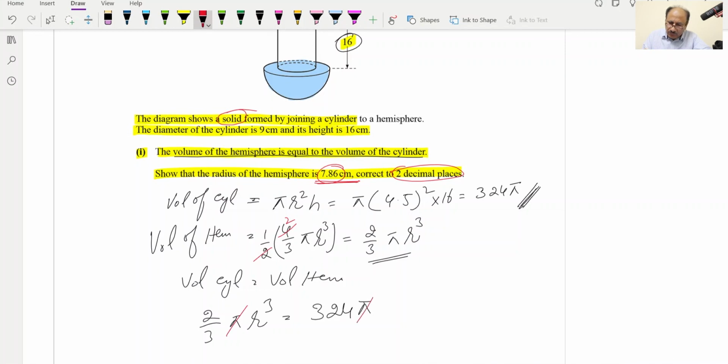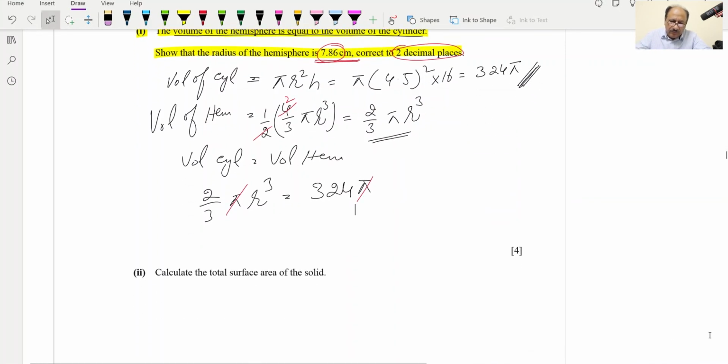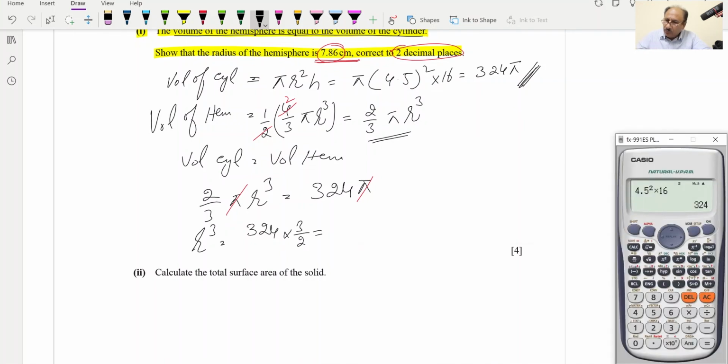Pi we can cancel from both sides, and we can find the r cubed value. R cubed will be equal to 324 multiplied by 3 over 2, which is equal to 486.